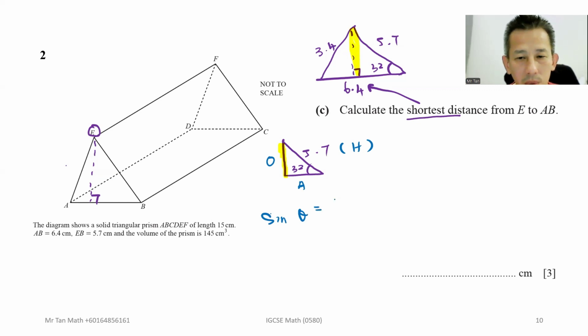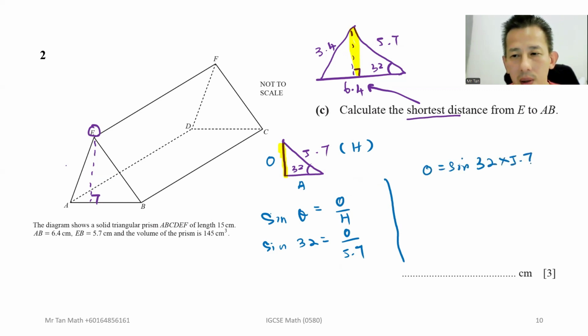Sine theta equal to opposite over hypotenuse. So you calculate, get sine 32 equal to opposite, just put O, over hypotenuse is 5.7. Therefore, your O should equal to sine 32 times 5.7. You should get 3.02 cm. So the shortest distance, you create a 90 degrees.